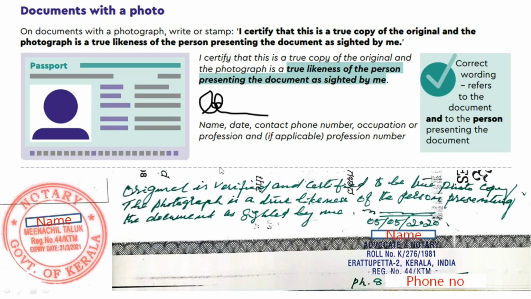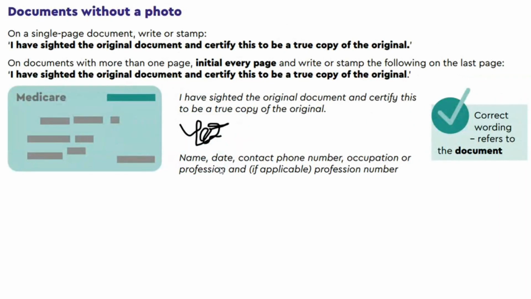So next we'll see the documents without a photo. Here, for documents without a photo, the lawyer has to mention: I have cited the original document and certify this to be a true copy of the original. Okay, so on a single page document, either he can write or stamp.